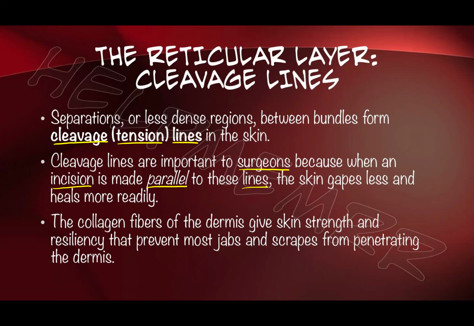So instead of just randomly saying, okay, I'm just going to cut here, here, and here, we can map out these cleavage lines and say, if we cut along them, not only is it going to be easier for us, but when we suture everything and put it back together, it's going to be easier.